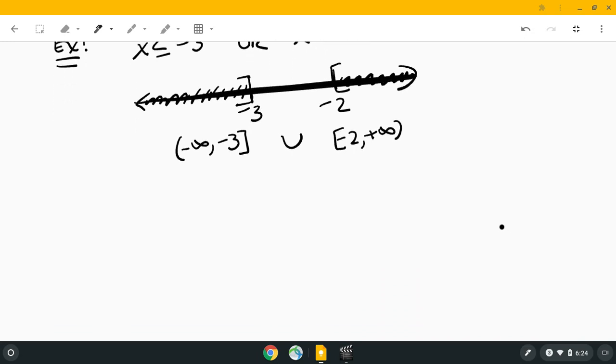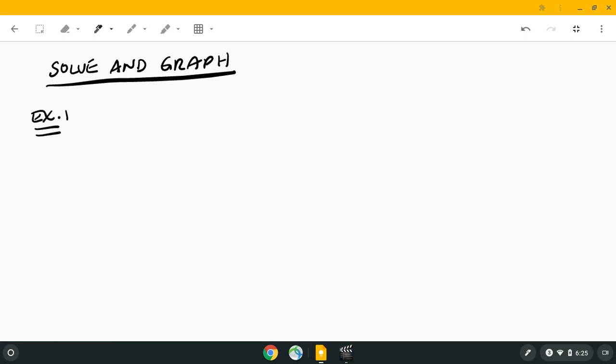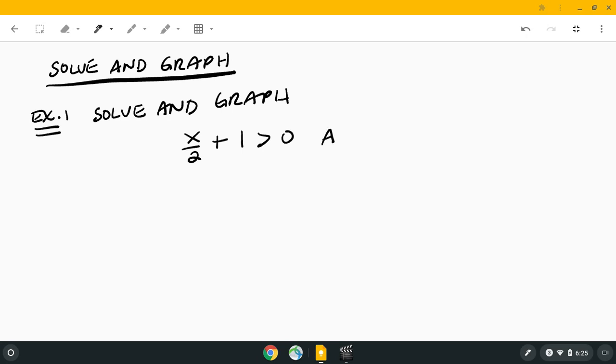All right, let's take a look at solving. Solve and graph this: x over 2 plus 1 greater than 0, and we'll be looking for where they overlap, 2x minus 3 is less than 5.